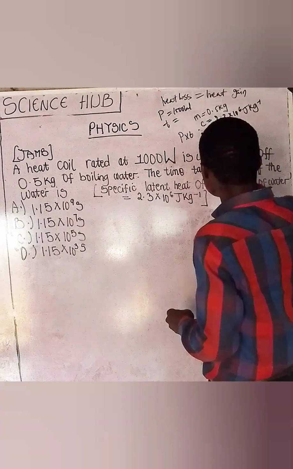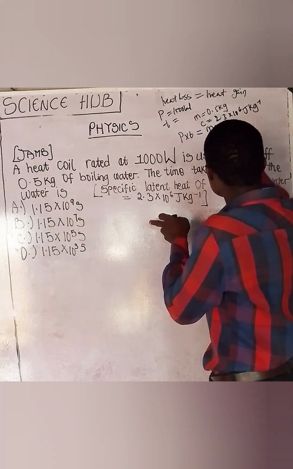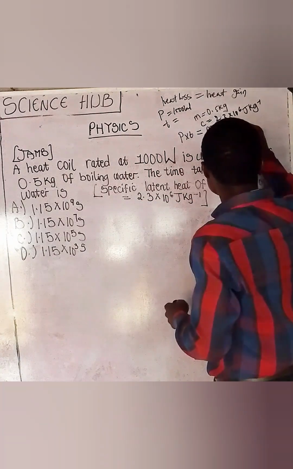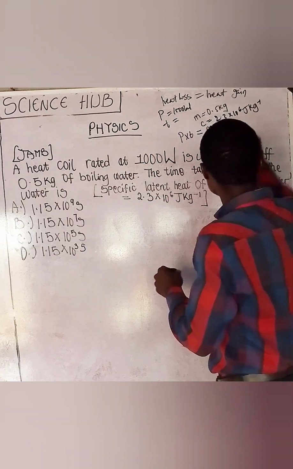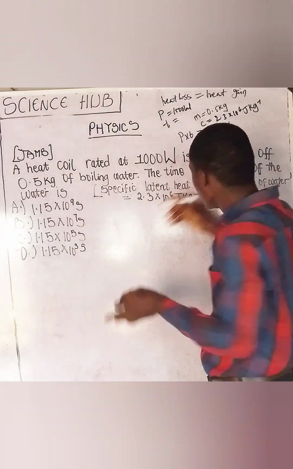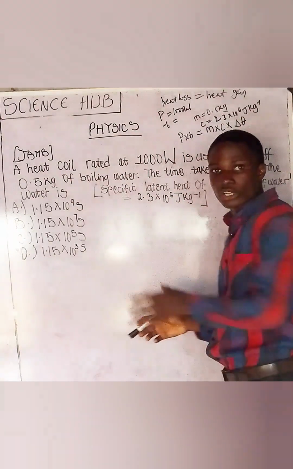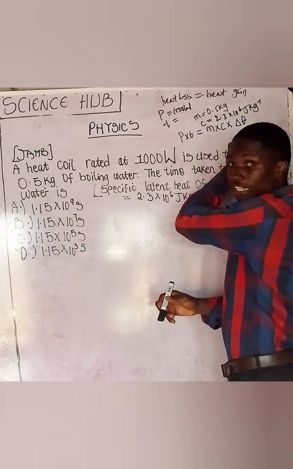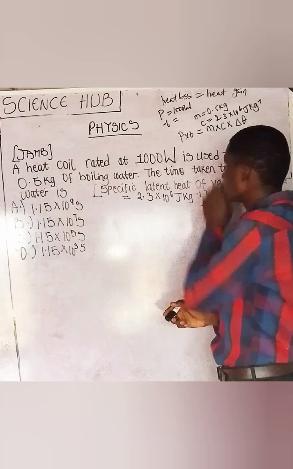So heat lost is equal to the mass of the water that is gaining the heat times the specific heat of vaporization, and the formula normally includes a change in temperature. If the question includes change in temperature, you can include this.